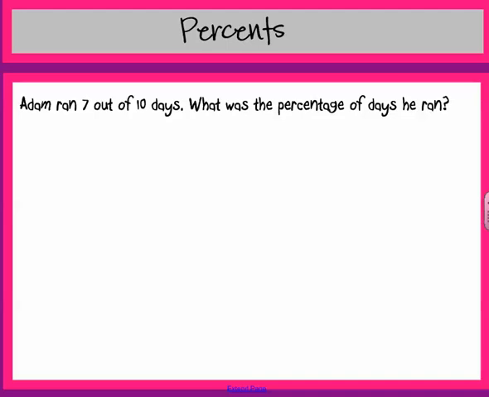In this example, we're told about Adam, who ran 7 out of 10 days, and we're asked what was the percentage of days he ran. We can still use that percent proportion to help us set up, but this time the missing information is the percent. So we can look over here and we know that we're looking at 10 days total, 7 out of 10 days.